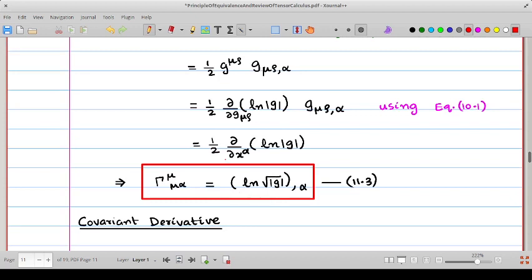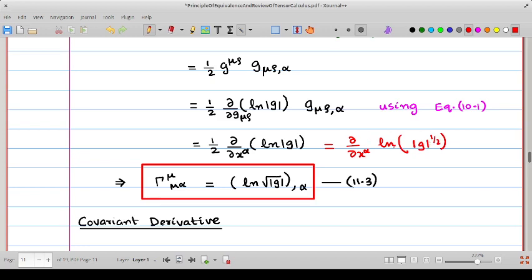Now there is a factor of half here, so I can write this as ∂/∂x^α of the logarithm of |g| to the power half, which is the square root of the absolute value of g.